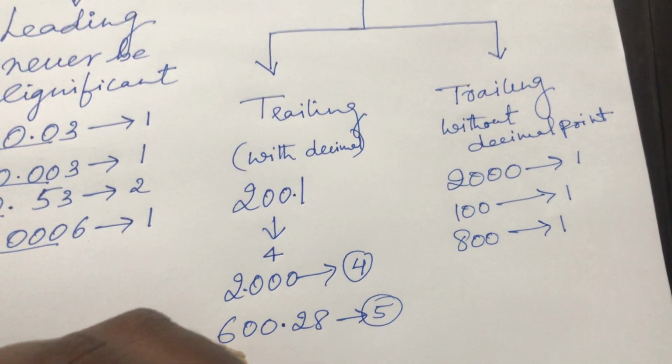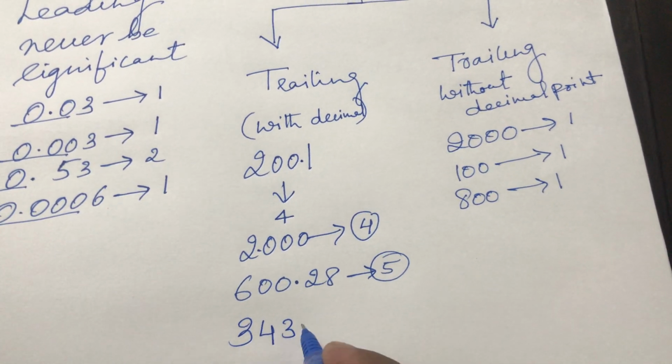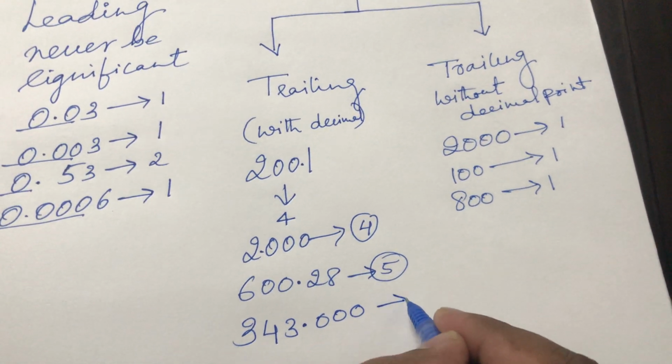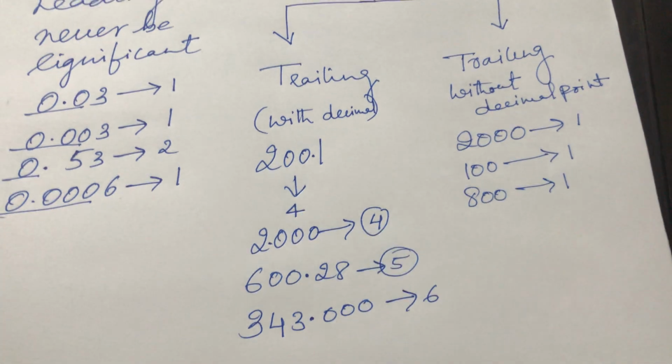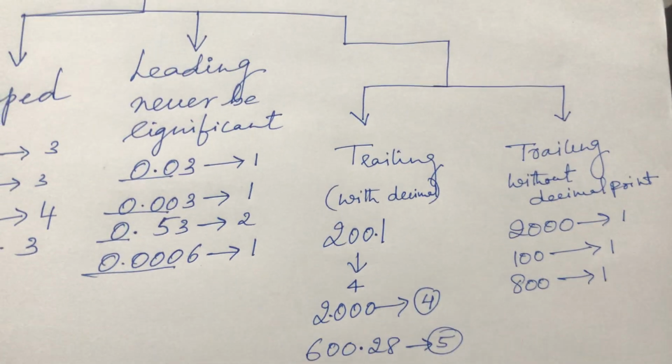But if I write 343.000, there are six significant figures. These are the things we have to remember while solving significant figures.